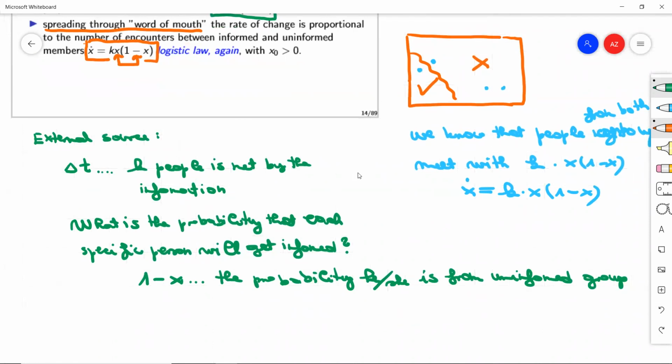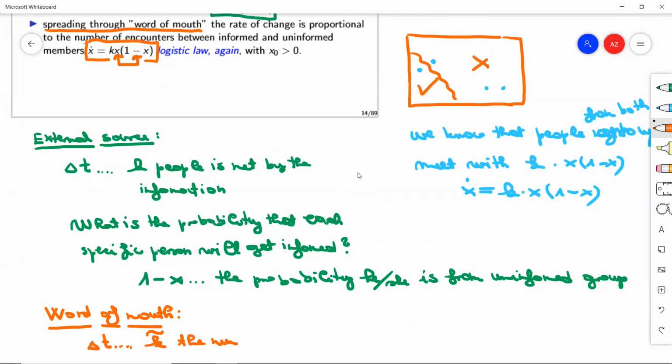So this is for the first law, and for the other, word of mouth. Again, in time delta t, we have k, or let's say k tilde, it's not exactly k from the law, but k tilde is some constant which tells us the number of meetings of two people.